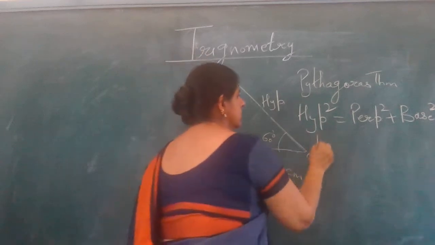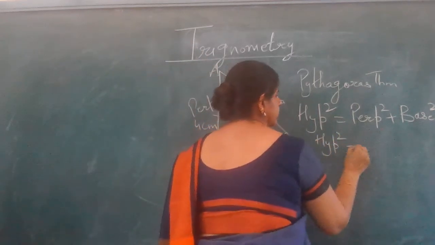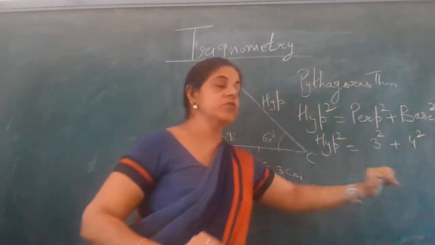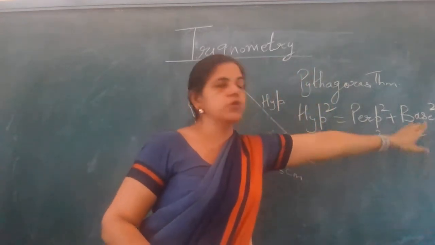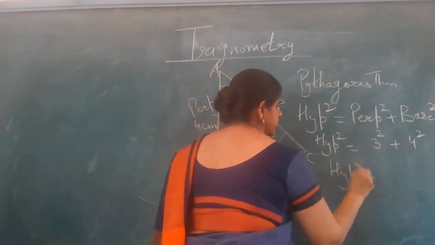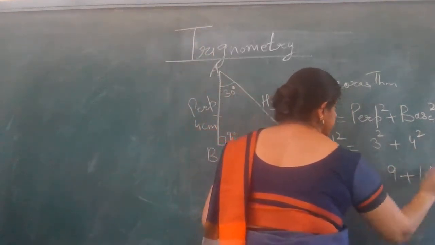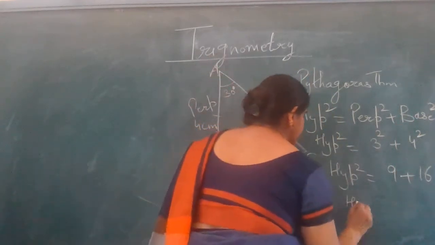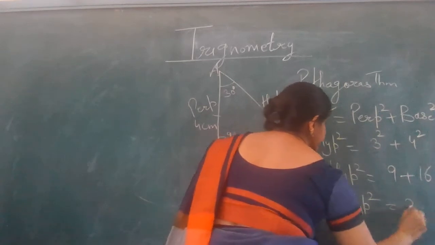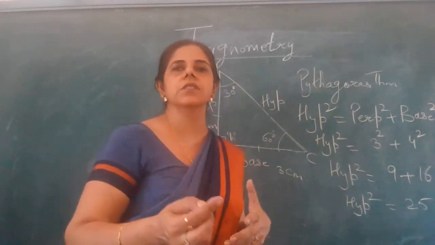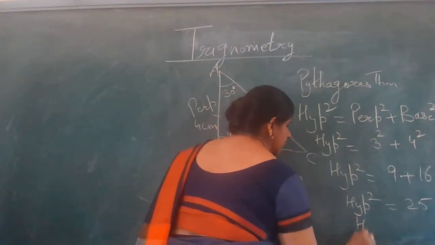Let's find out. We have to square this 3, we have to square 4 also, and let's see what is the answer. So 9 plus 16, is very good. And the hypotenuse becomes, yes students, good, it is fine.